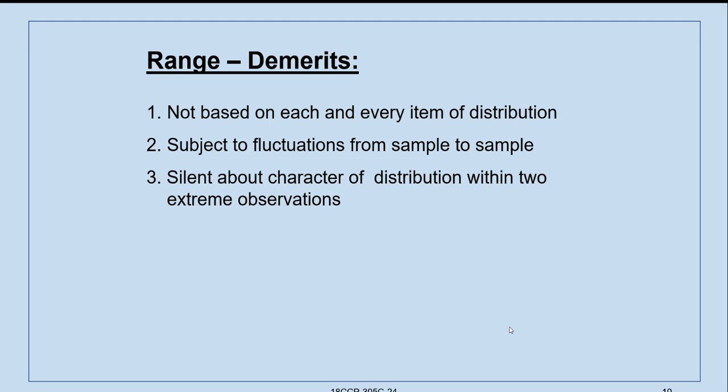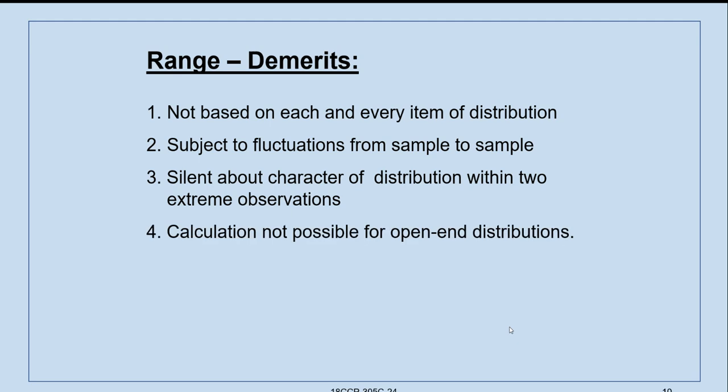It is silent about the character of distribution. How the distribution is, it will not explain, within the two extreme observations, means highest value and lowest value. Those two are called extreme observations or beginning and ending observations. And calculation is not possible for open-end distributions.